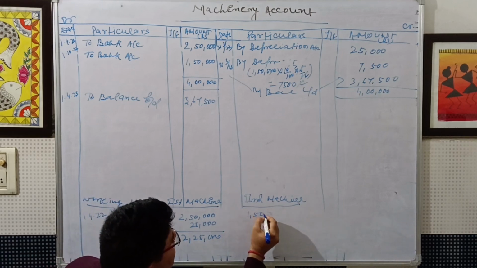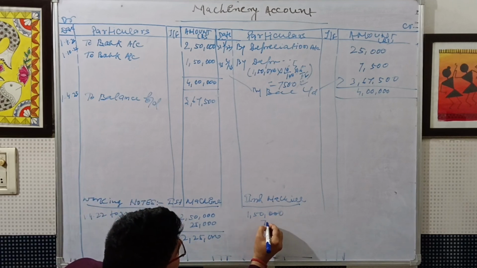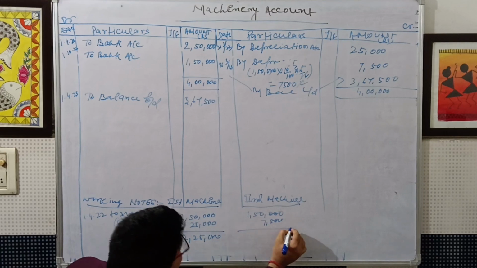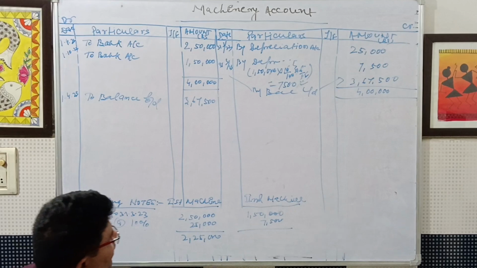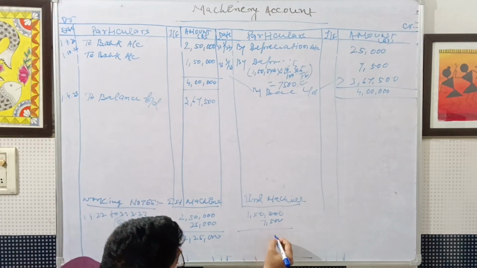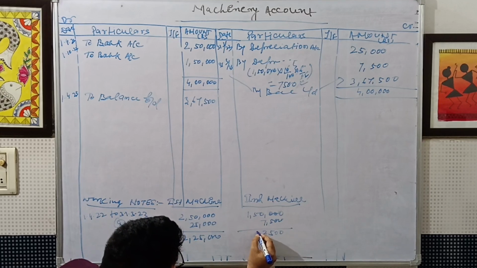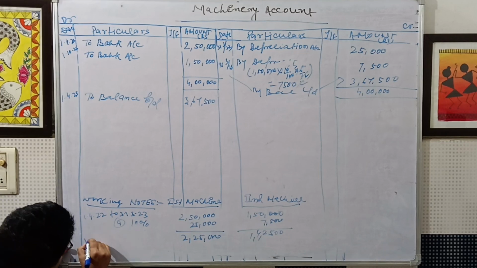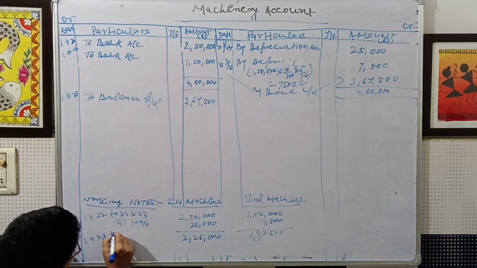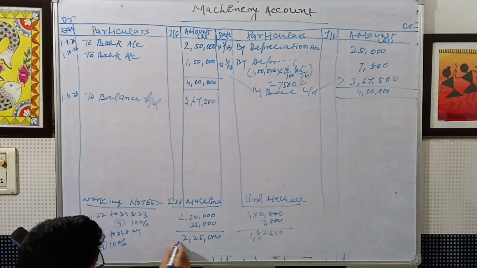And the second machine, 1,50,000, and depreciation charge 7,500. I already discussed how to calculate that. So 7,500, and now the value is 1,42,500. Now in this year, 1/4/23 to 31st March 24, you charge the depreciation at the rate of 10% on the balance amount.